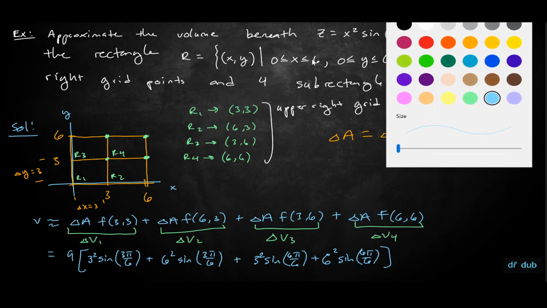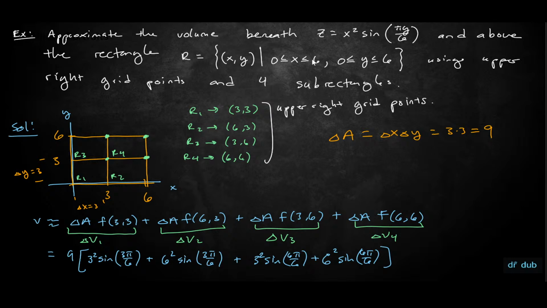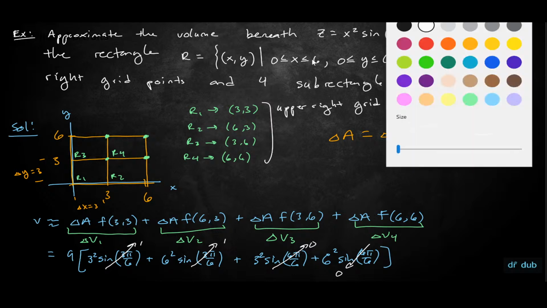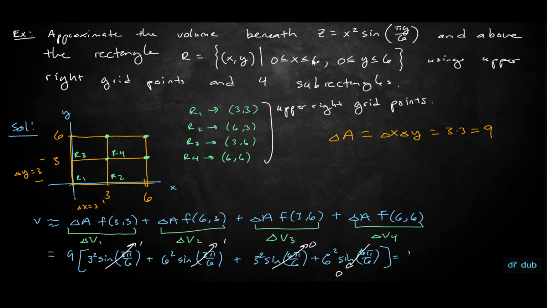And what do we get? Well, these are going to be 0. So this is 0. This is 0. This is going to be a 1. This is going to be a 1. So this is going to equal 9 times 9 plus 36.